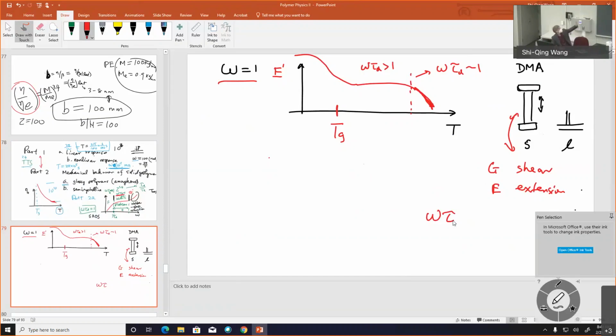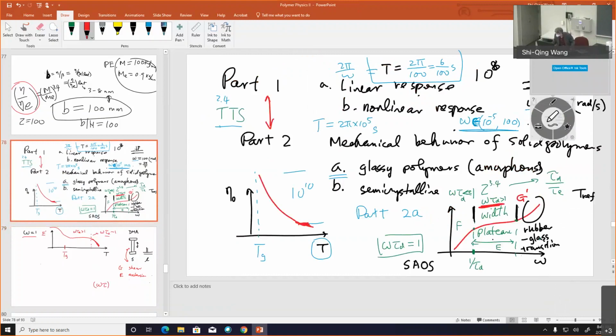So as you lower the temperature, that's equivalent to increasing tau, then you hit a plateau. And if you cool further, that's like your tau d further increases, which is the same as in the other plot, where frequency increases, right? So it's the same feature.